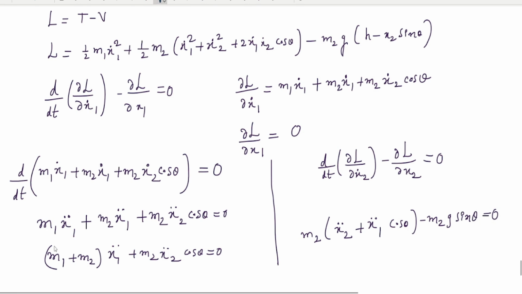These are the important equations of motion of the inclined plane system with respect to m1 and m2.